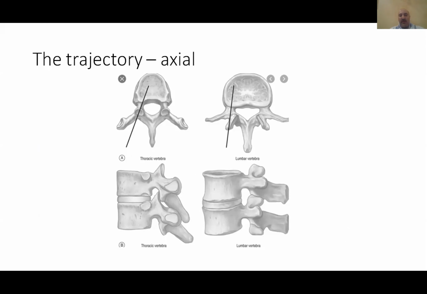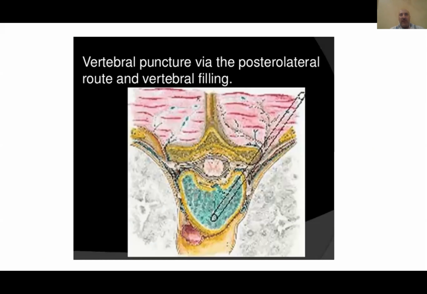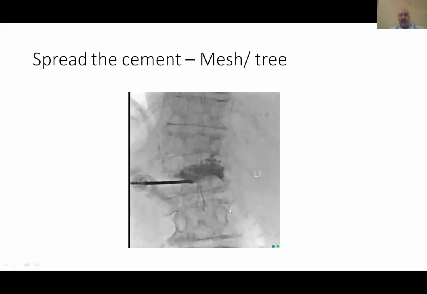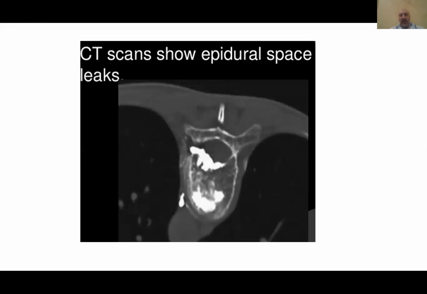And there are papers that show some loosening with the cement if you just inject it at one fixed point. So that's why we like to spread the cement, and try to make it look like a mesh and a tree shape.